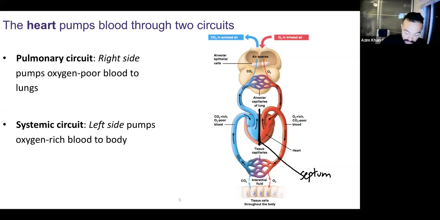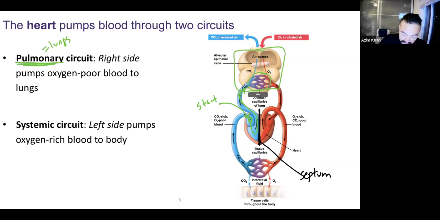So let's look at the pulmonary circuit first. Pulmonary implies lungs. So the pulmonary circuit starts on the right side of the heart. It goes out of the heart to the lungs. So here we are in the lungs.